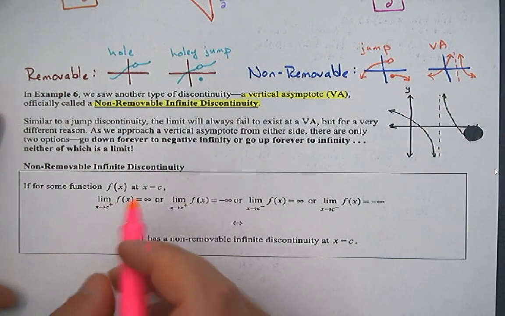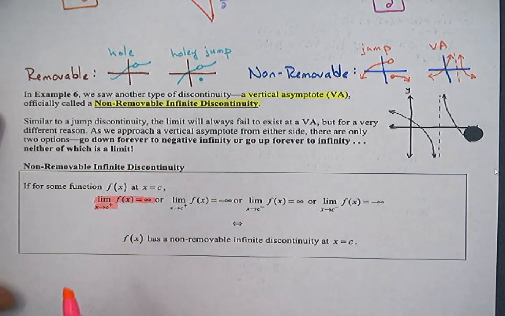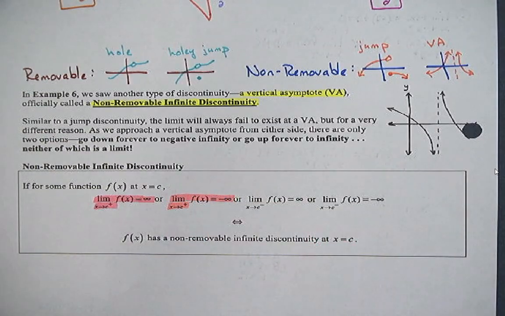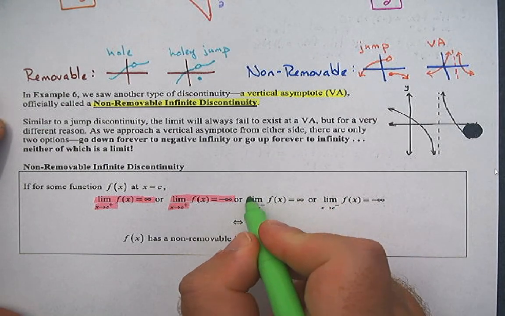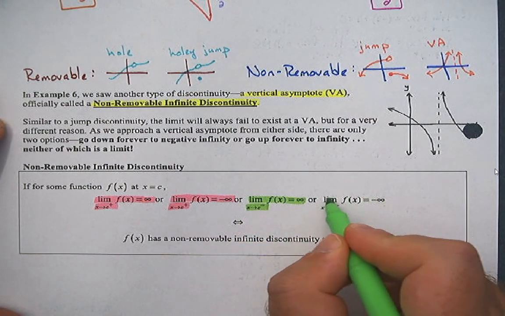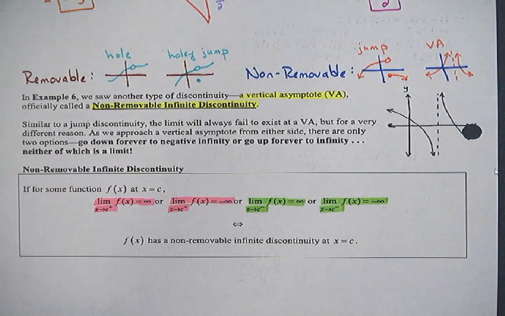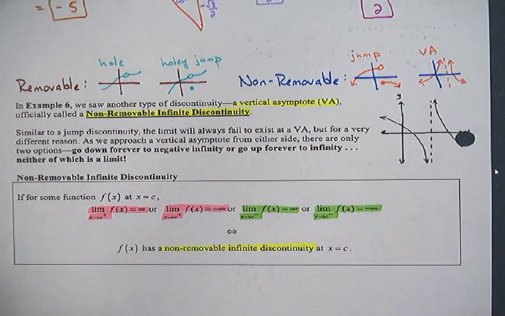So the limit from the left equals infinity, and the limit from the right equals negative infinity. We have what's called a non-removable infinite discontinuity, called a VA.